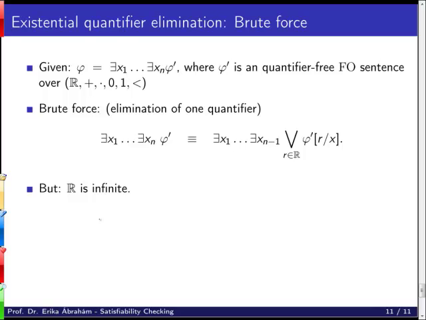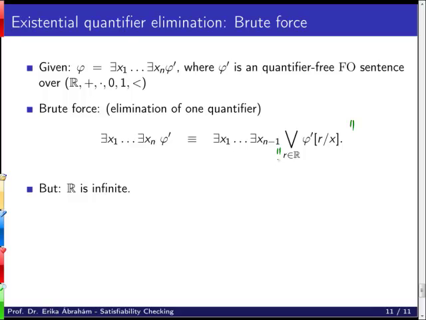So what does it mean, eliminating existential quantifiers? If you assume that we have a formula here using variables x1 to xn, then if I eliminate xn, then I would like to get a formula here, something like this, a formula which does not contain xn anymore, but it is equivalent. So what is now the problem with this part, which you actually cannot write down this way?